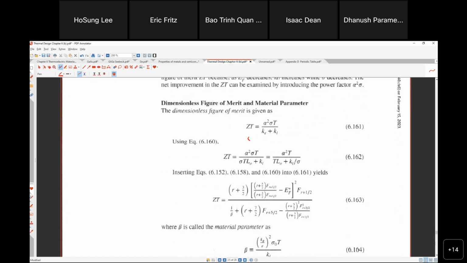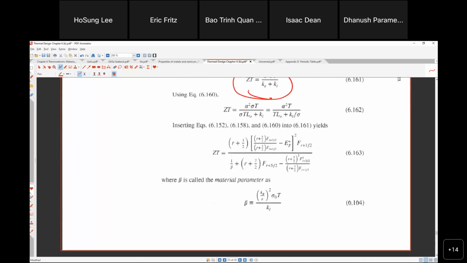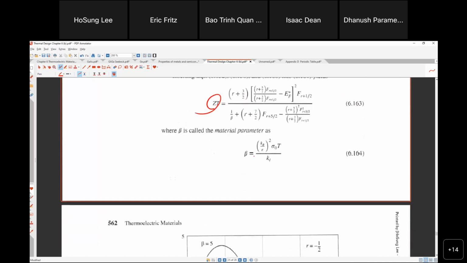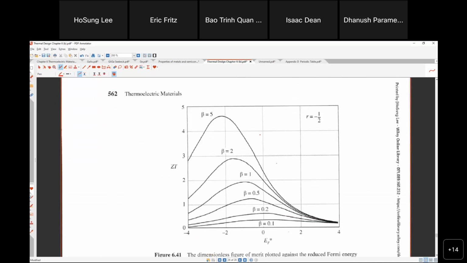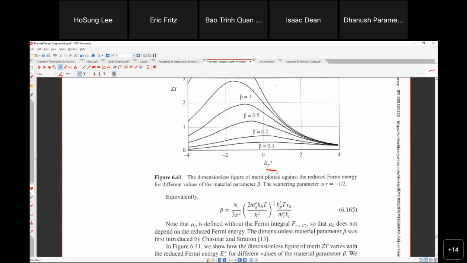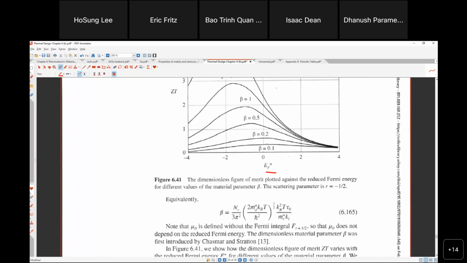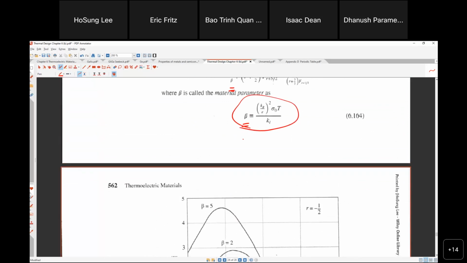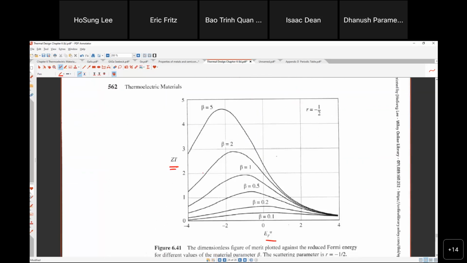Okay, look at that. Now we use these and try to plot the ZT and define the better functional beta. The Fermi energy depends on beta, and the ZT depends on beta.